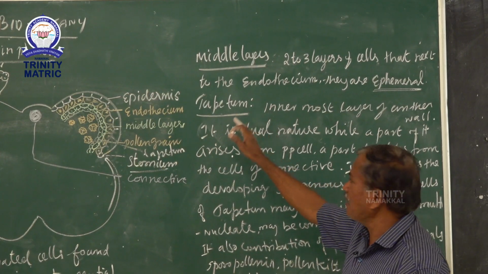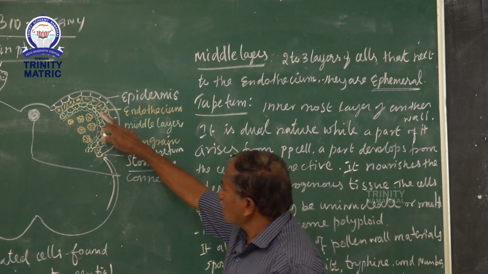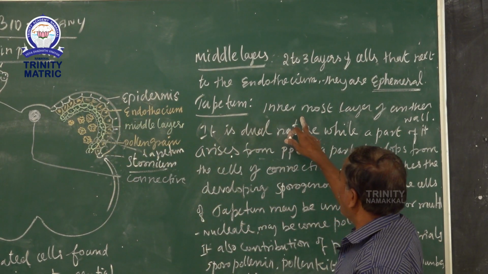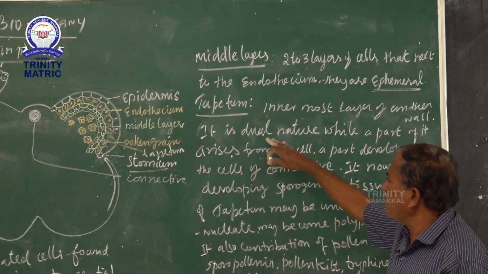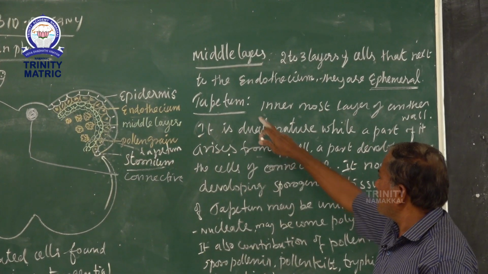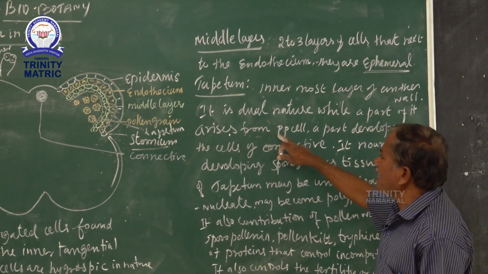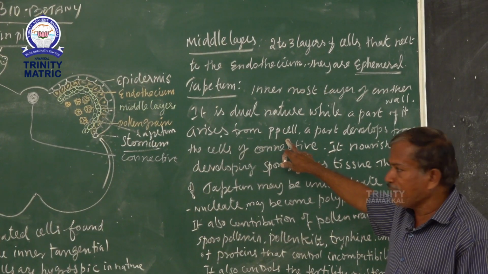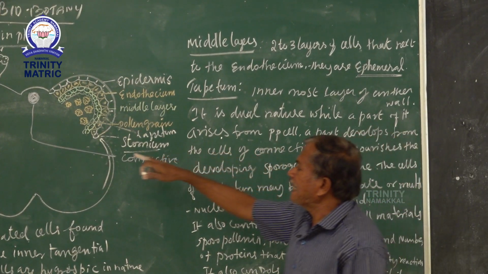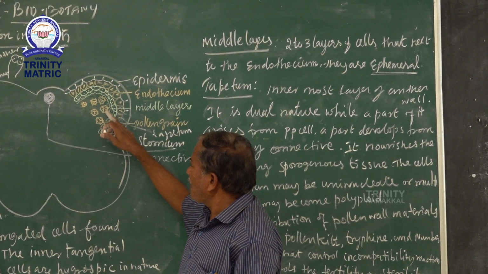The next layer is called the tapetum. Tapetum is very important. It is the innermost layer of the anther. Outermost means the epidermis, and the innermost is the tapetum layer. It is dual in nature. Dual means two purposes. This tapetum is partly developed from the primary parietal cell and partly developed from the connective.